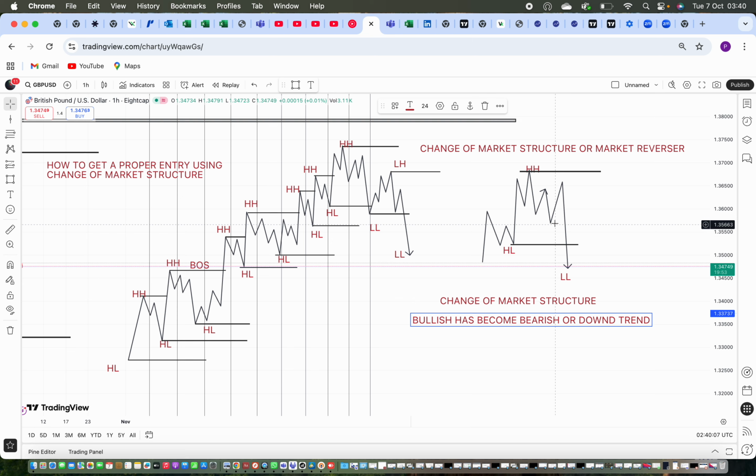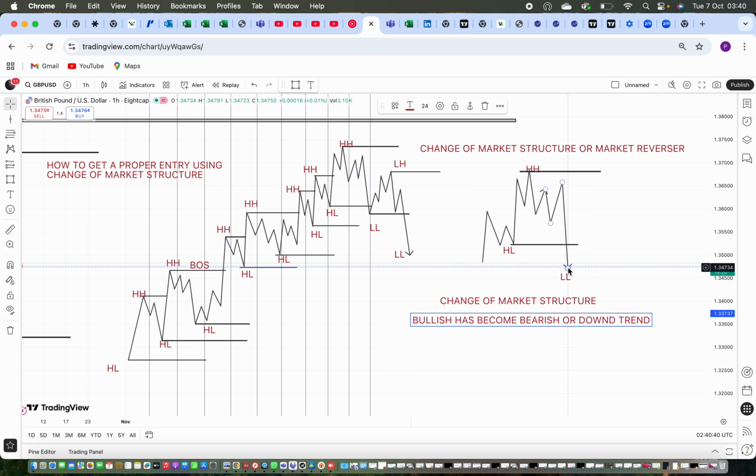Most reversals happen at a specific zone in the market, which are majorly previous resistance levels or previous highs in the market structure, which I'm going to show you guys when I go into the chart. So market reversals do not just happen anywhere. Sometimes they happen at major levels. So you as a trader need to position yourself at those key levels to wait and see if price will give you a reversal pattern.